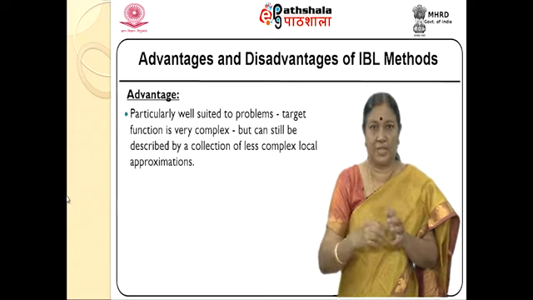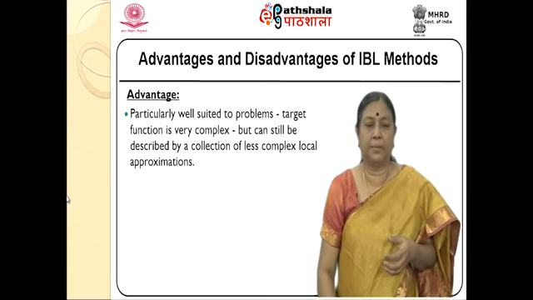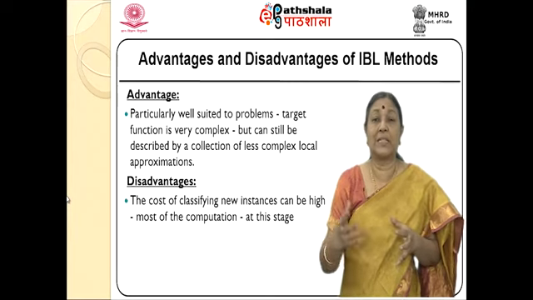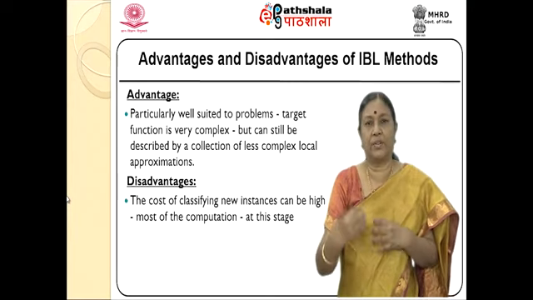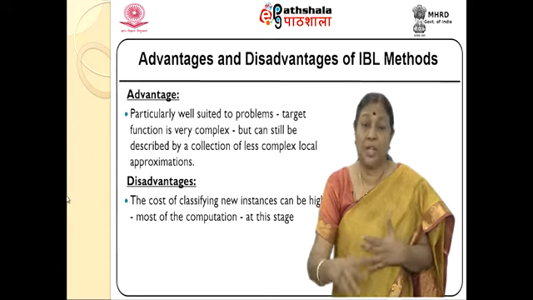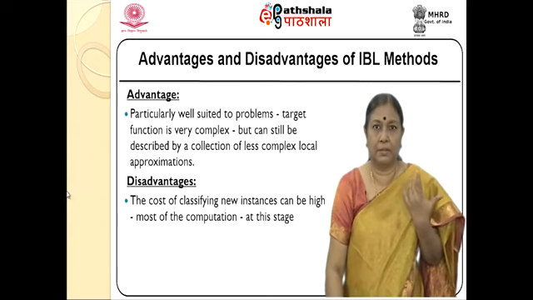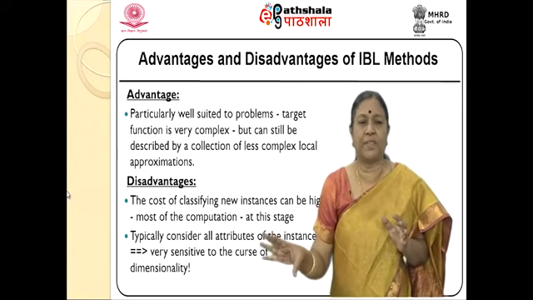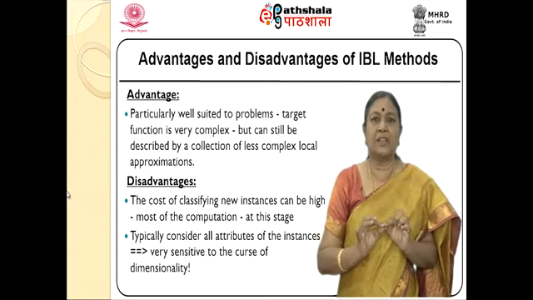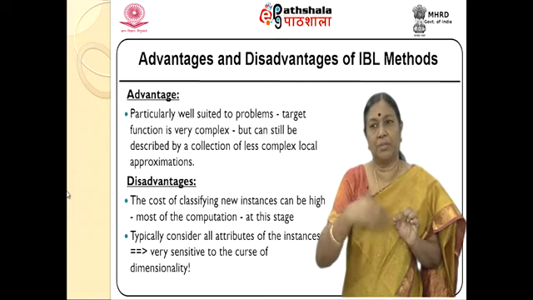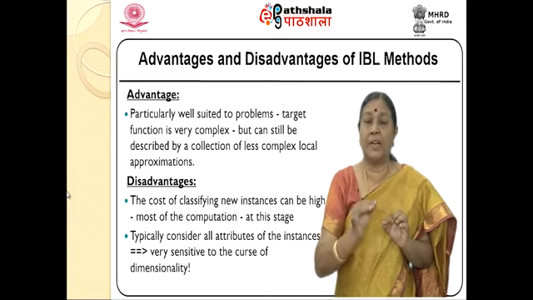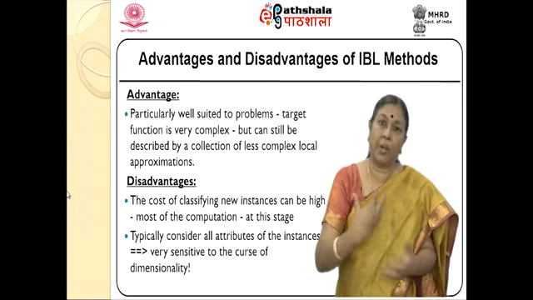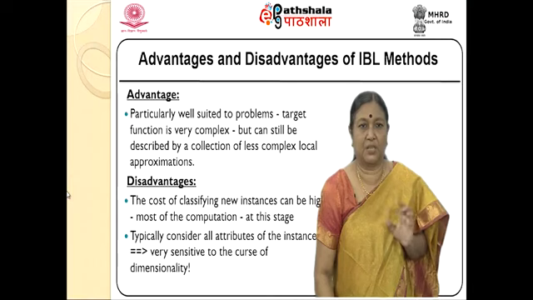The disadvantages are that the cost of classifying new instances is high, because for every new instance you have to do most of the computation at that time. Also, it typically considers all the attributes of the instances, so it is very sensitive to the curse of dimensionality. We will come to the curse of dimensionality in detail, but we mention it because the larger the dimensionality, the more complex the equation for the local approximation.